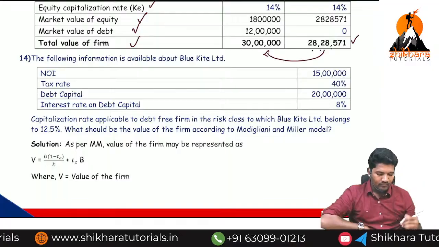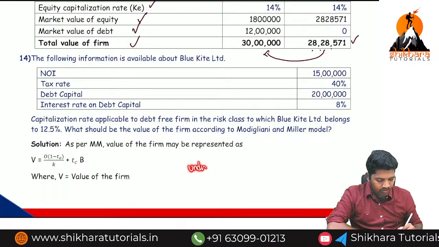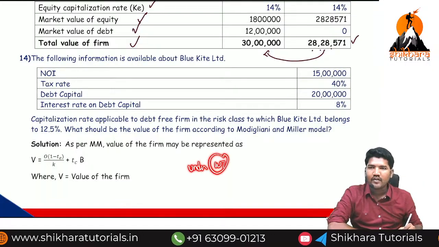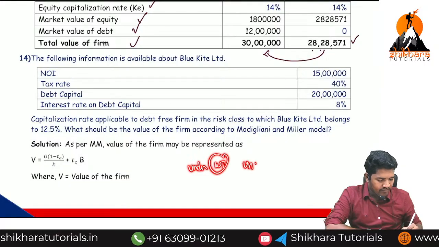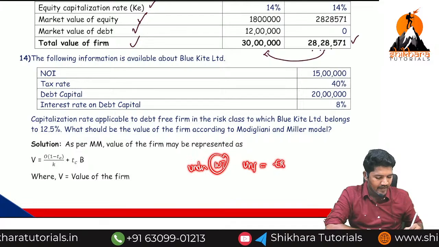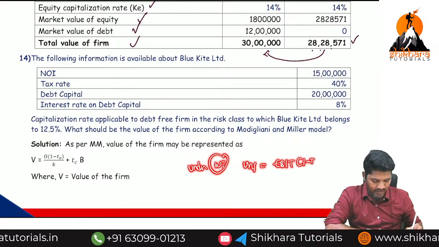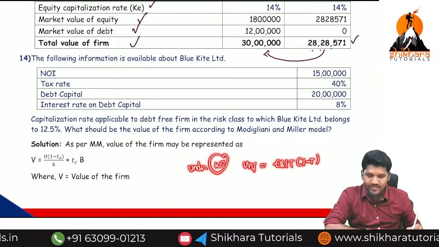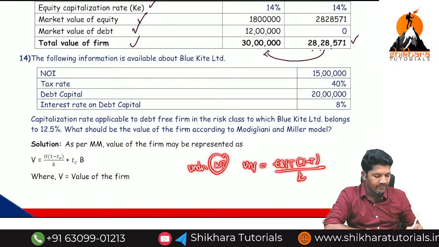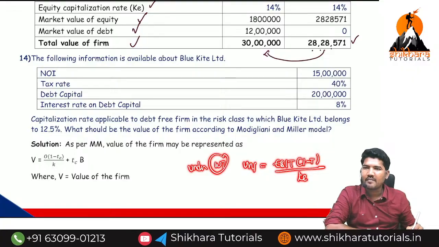Now, under the with tax model, how to calculate unlevered firm value? EBIT (1 minus tax) divided by KE.